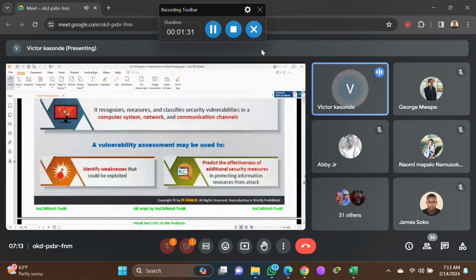So vulnerability assessment may be used to what? To identify weaknesses that could be exploited. We did mention that vulnerability is a weakness. You check where the weakness is, and if there are weaknesses there, you amend it.